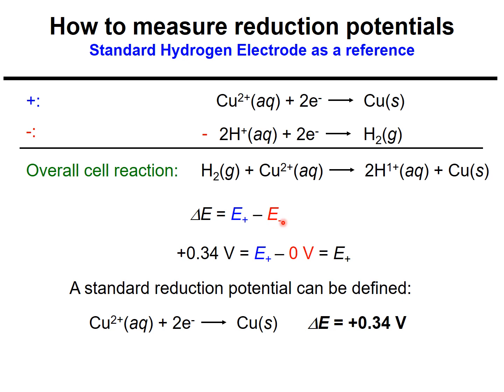Let me say the reduction potential on the negative pole is 0 volt because I have said we have the reference electrode on the negative pole. So the reduction potential of copper 2 plus copper is measured at plus 0.34 volt.